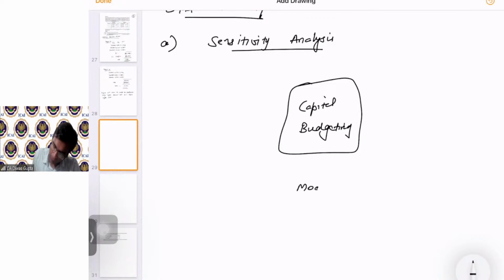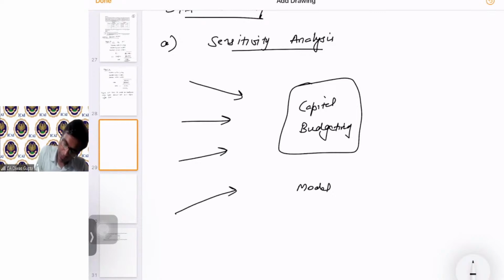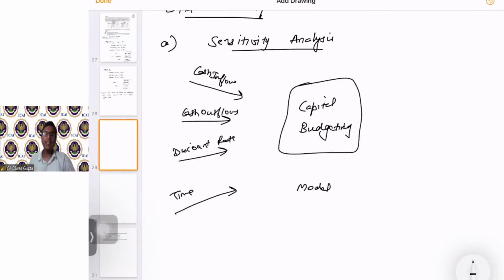This is capital budgeting. What is it? It is a model in which there are different inputs required. Some of them are cash inflows, cash outflows, discount rate, time. So these are some of the inputs that are flown to this model.